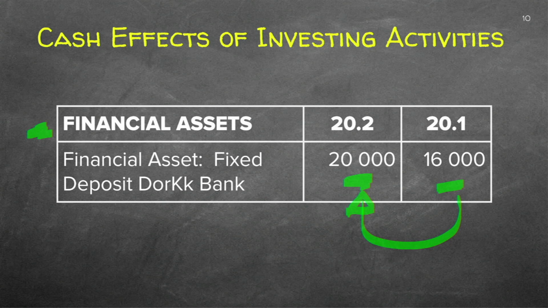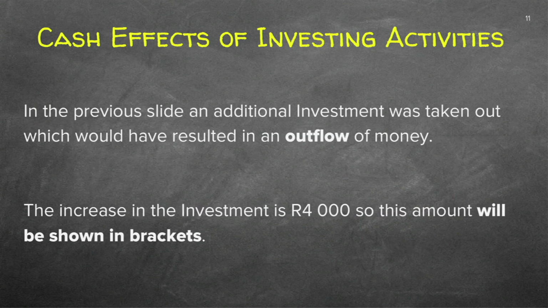Which means I have put 4,000 Rand into this investment, which has resulted in an outflow of money. And so the investment has actually increased by 4,000 Rand, and because it is an outflow of money, the amount will be shown in brackets.